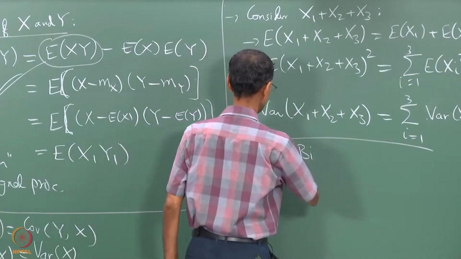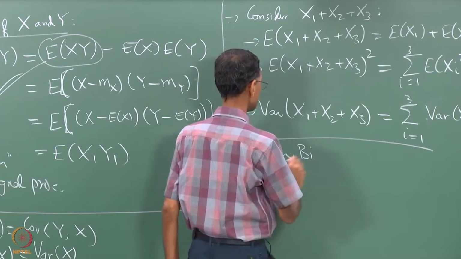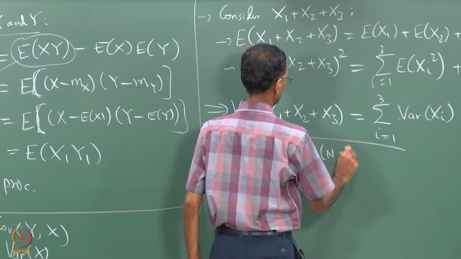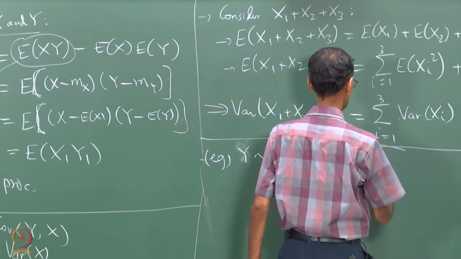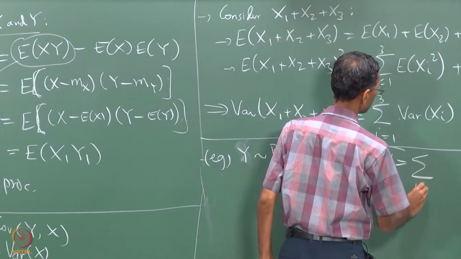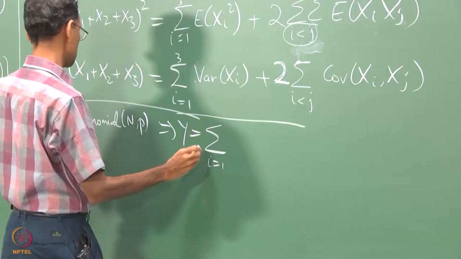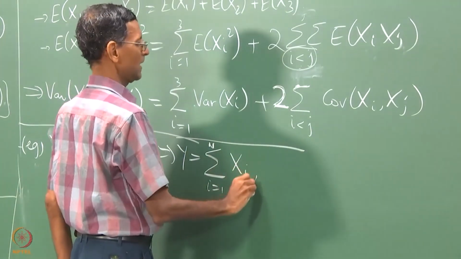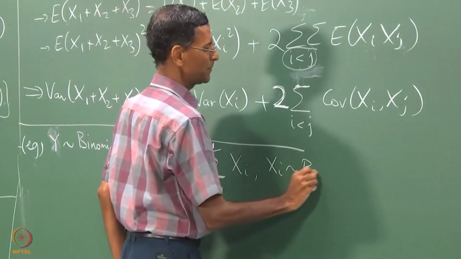Let me write y instead of x: y is binomial n comma p, which implies that y is the sum of n IID Bernoulli random variables, xi for i from 1 to n, where each xi is Bernoulli p.